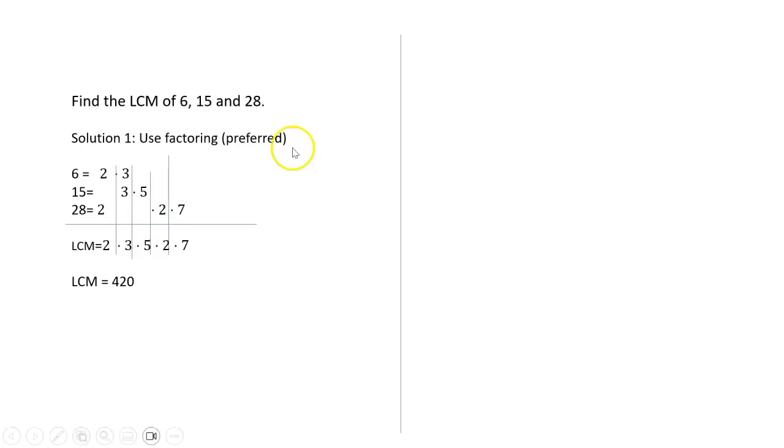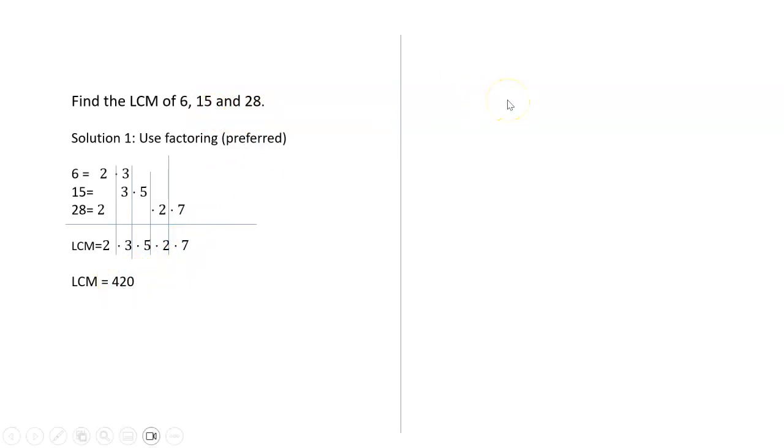You could also try to find the least common multiple by making a list, but this could be very tedious because we have to list the multiples of 6 and then 15 and 28 all the way to 420, which can take quite a while.